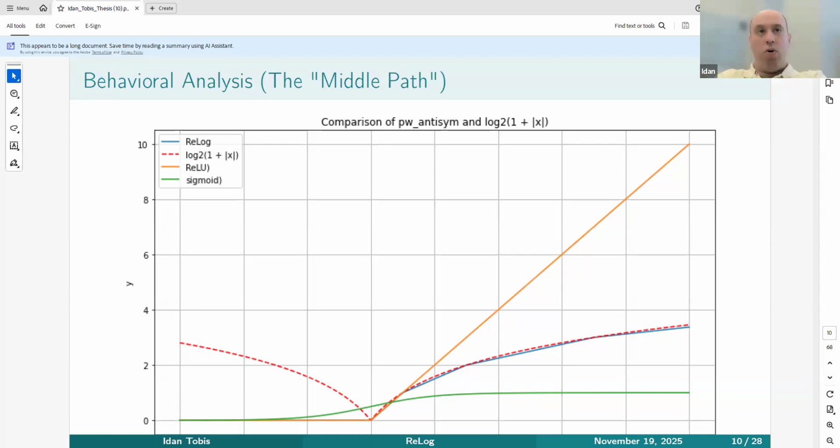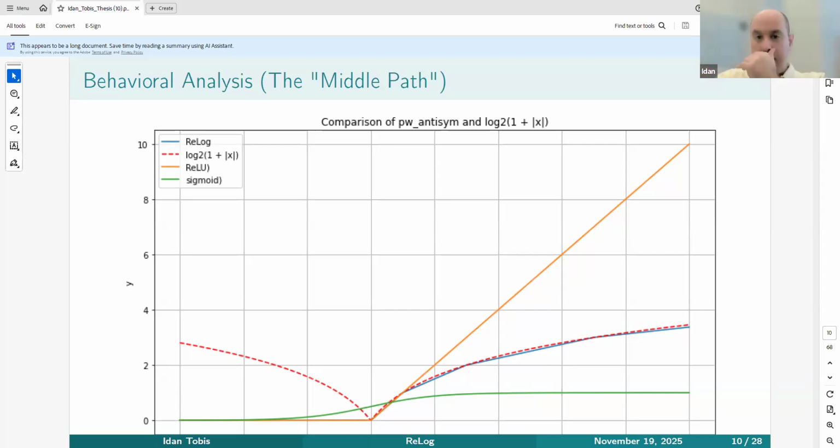ReLU grows linearly without any bounds, so this could cause exploding gradients, the opposite of vanishing gradients. And ReLog is the middle path.